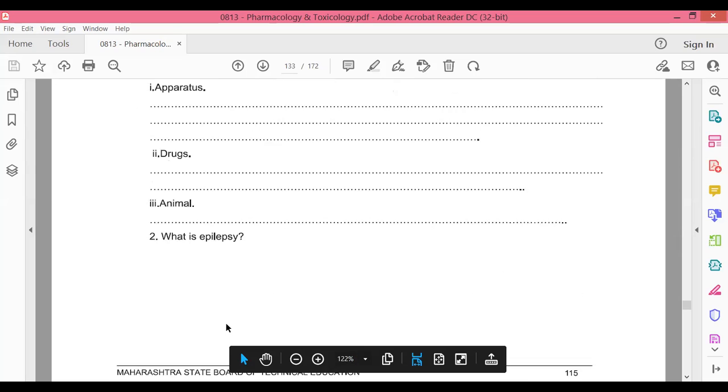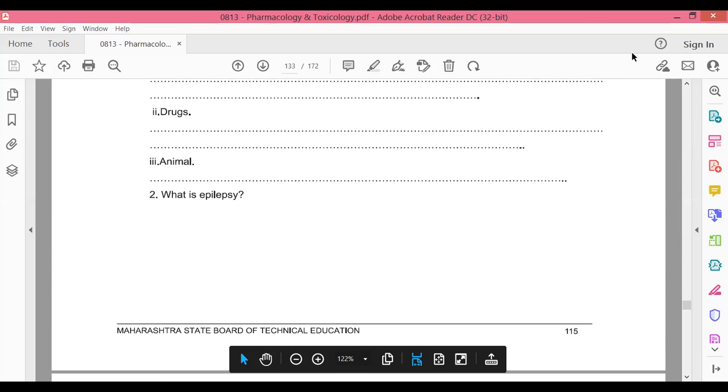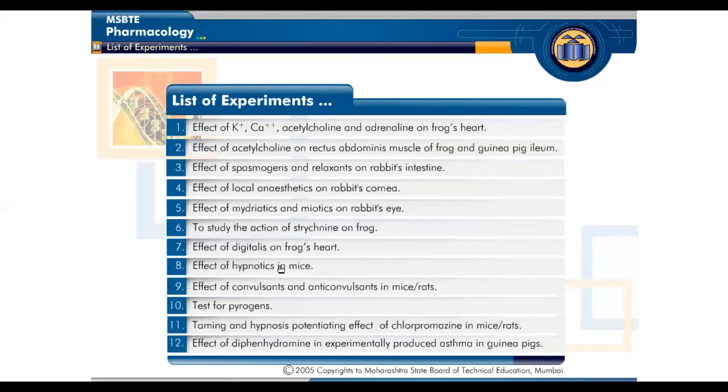The next point is the procedure for the experiment. We discuss this procedure from CD of MSBT: effect of convulsant and anticonvulsant in mice or rat.